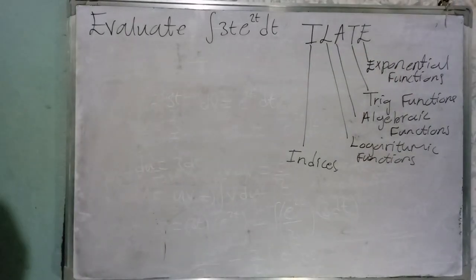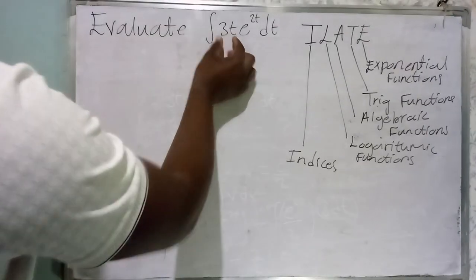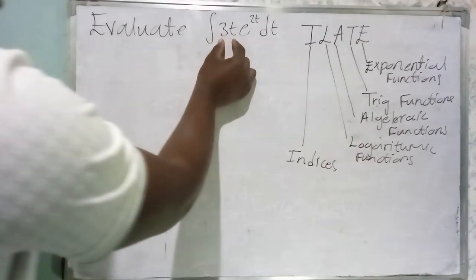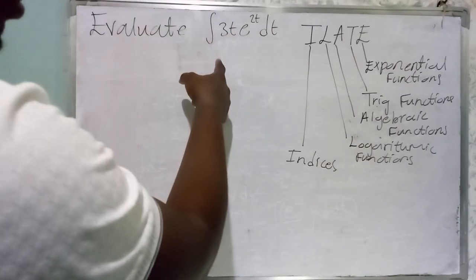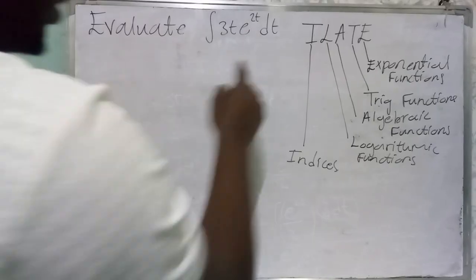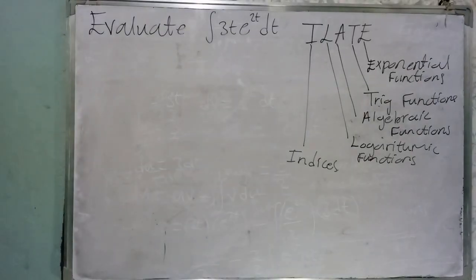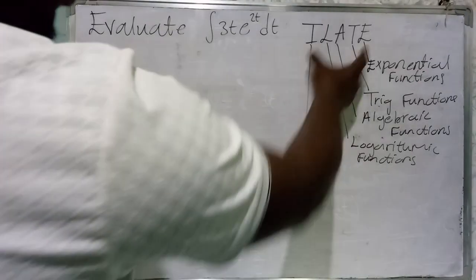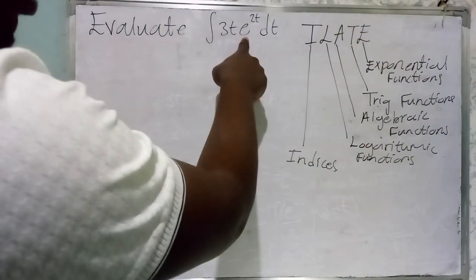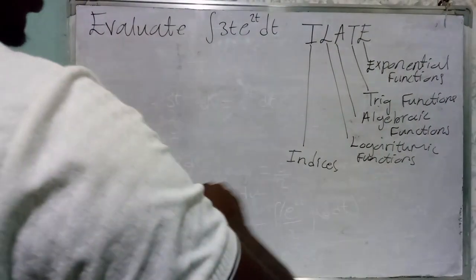For example, in the question that we have been given, we are supposed to identify the types of functions that we have. When we look at 3t, this falls under algebra. When you look at e to the power 2t, this falls under exponential functions. So which one comes first on this ILATE?